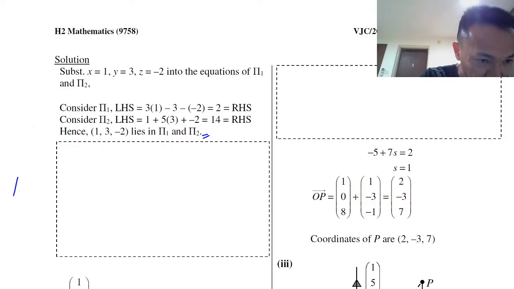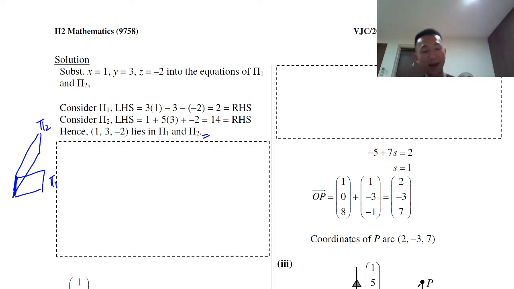let's see, I try and draw two planes now. Pi 1, pi 2. Okay, not a bad line. Pi 1, pi 2. So this is the line of intersection.